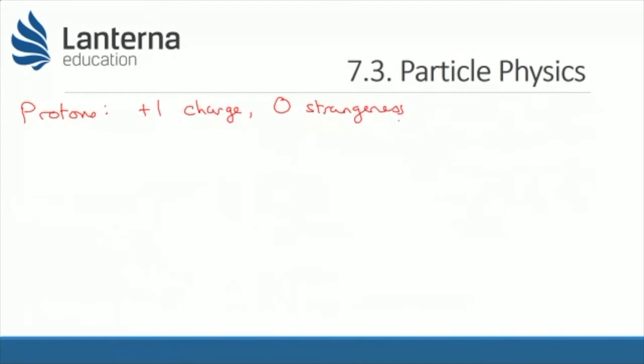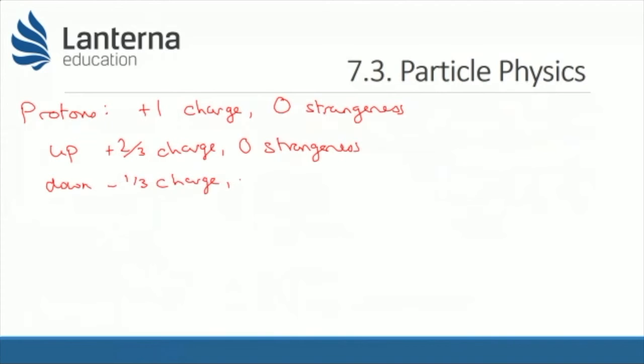If I think back to the fundamental particles I defined earlier, an up quark had +2/3 charge and 0 strangeness. And a down quark had -1/3 charge, and also 0 strangeness.